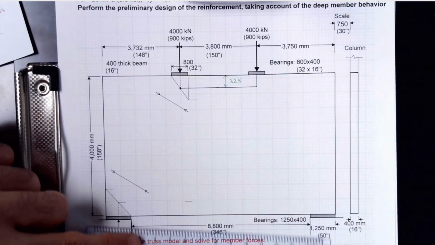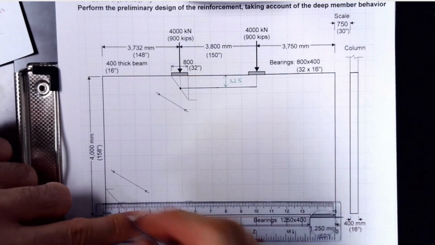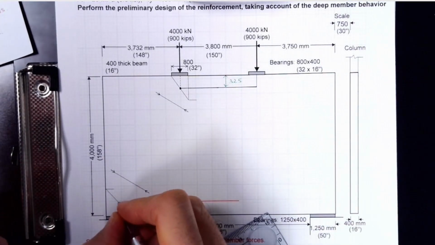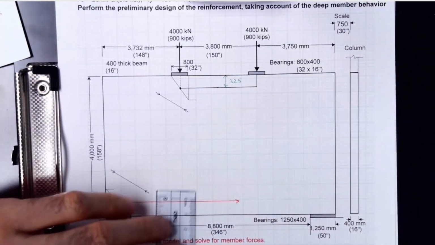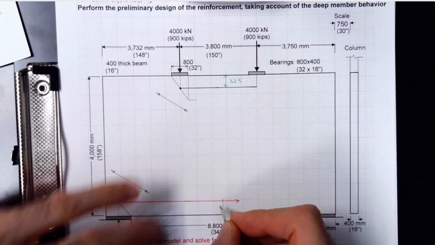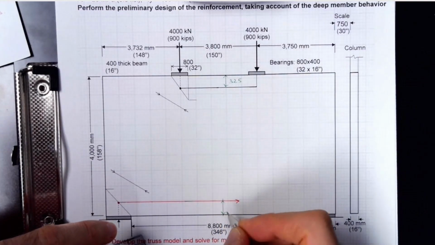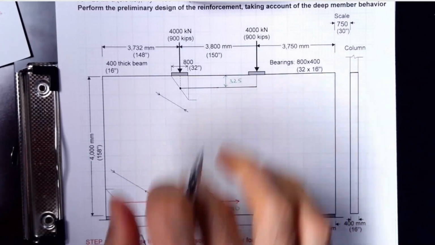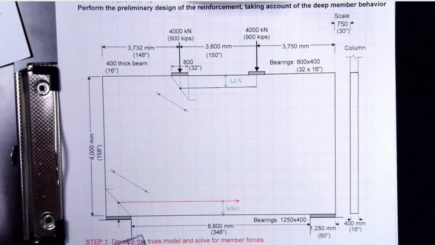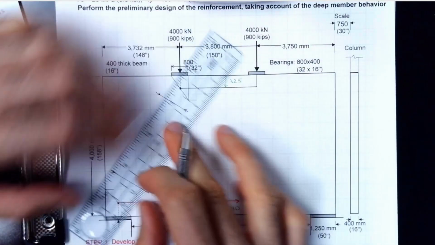At the bottom there is a tension tie, which is this line. This is the node, so this is that distance, 390. That's compression, this is tension, and the strut will run in between.